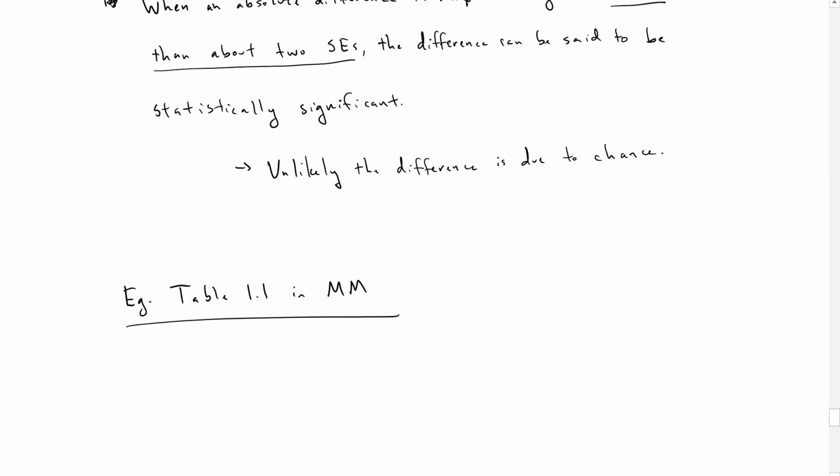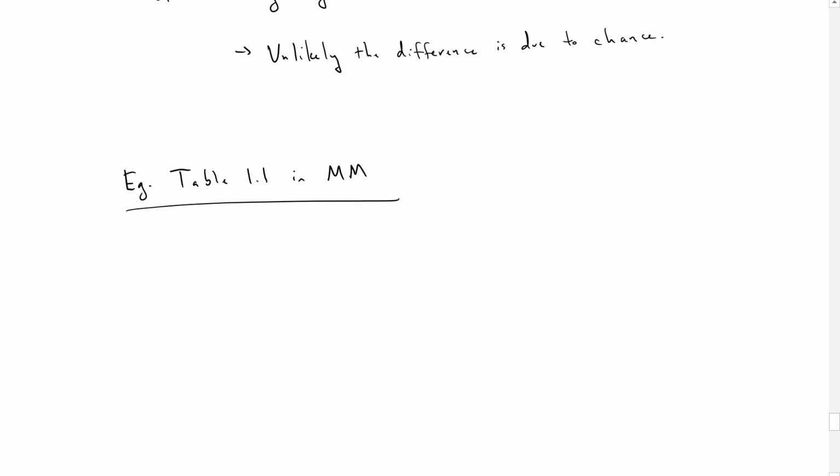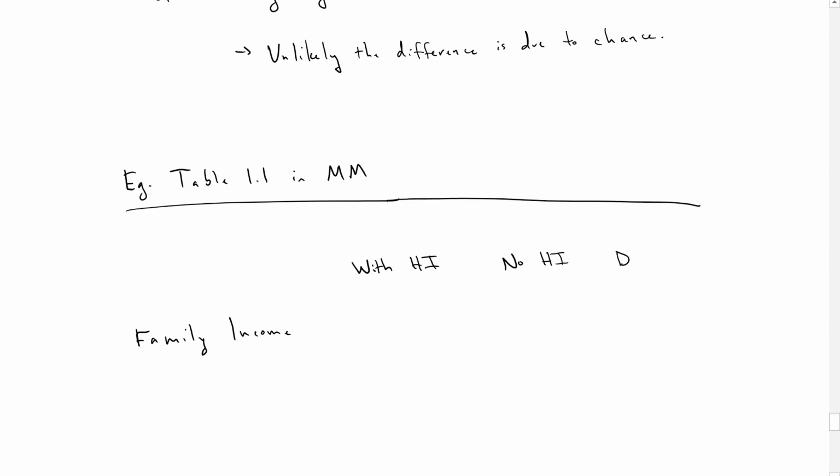Okay, and there were a number of variables there, but let's just look at the family income variable. And we look at family income among those with health insurance, those with no health insurance, and the difference.